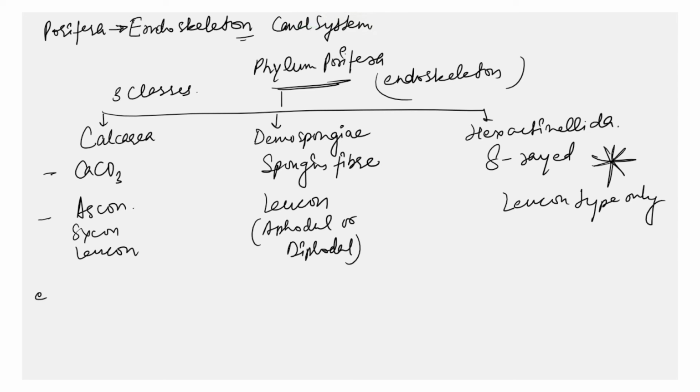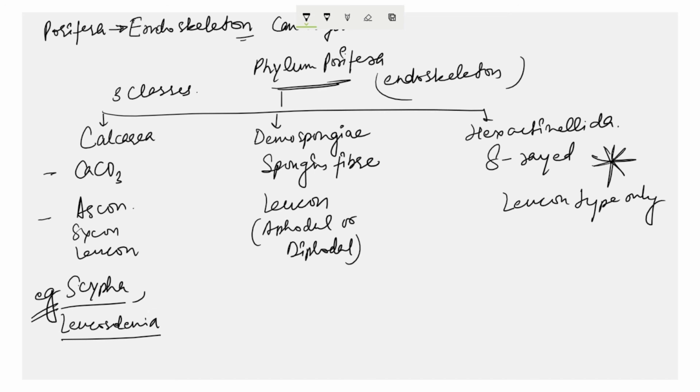Okay, so the examples of sponges under class Calcarea are Sycon and Leucosolenia. Under Demospongia we have Euspongia and Spongilla.